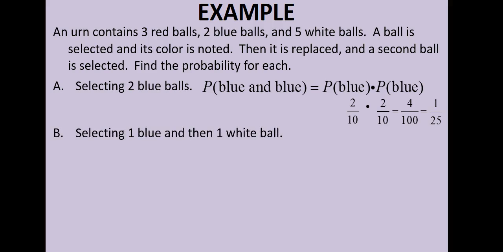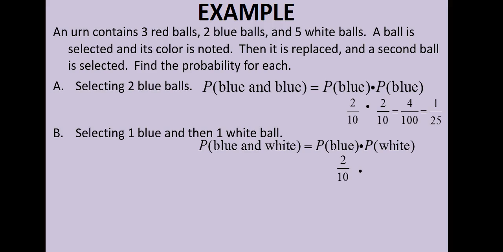What would be the probability of selecting a blue and then a white ball? In other words, we pick a blue, we put it back in, and then we draw a white. So that would be the probability of blue and white occurring, which would be the probability of a blue times the probability of a white. So in looking at the probability of blue, again, it's 2/10.